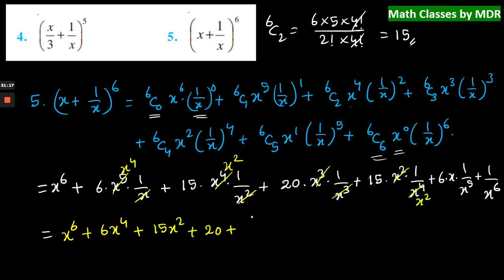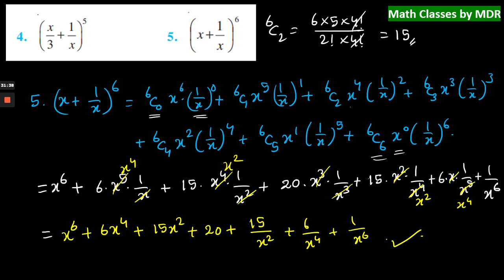So when you cut x^2 with x^4, we will have x^2. So 15/x^2 plus 6/x^4 plus 1/x^6. Right? This is the answer for the fifth question. So it is easy now.